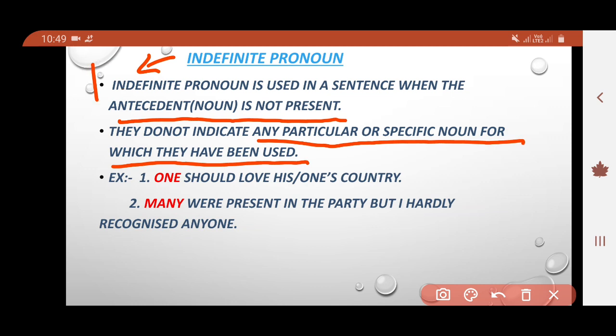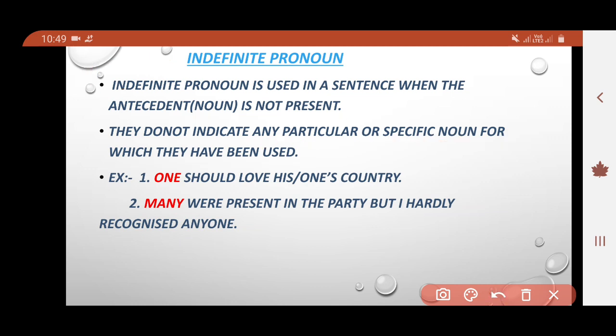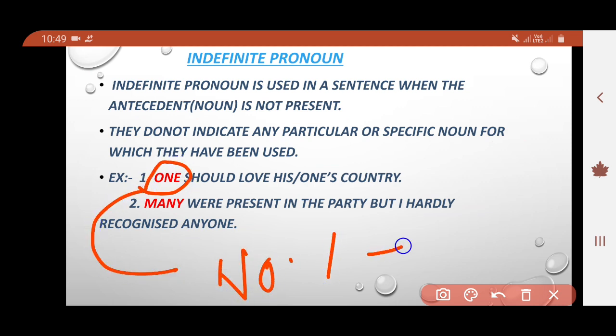Let us go with some examples. One should love one's country. One here doesn't denote number one. It is showing all. That means every person who lives in a country should love his country.